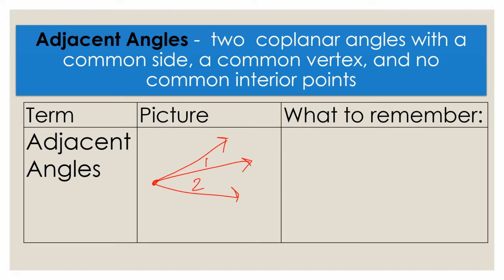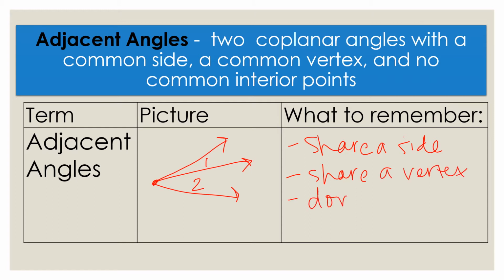The most important thing is that they share a side and that they share a vertex. They don't overlap, and it doesn't matter what they add up to.